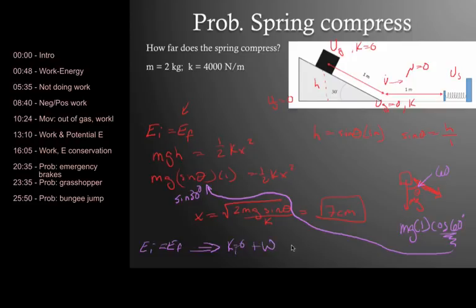Plus the work that's done on the object is going to be my final kinetic energy or my spring energy. It just depends on what I'm looking at. So then the work that's done on this box is going to be completely converted into the spring energy. So this is this mg cosine 60.